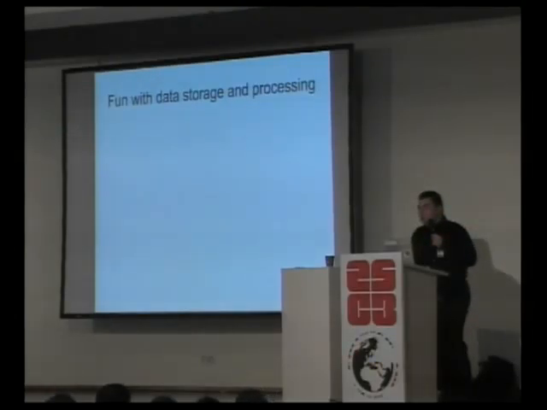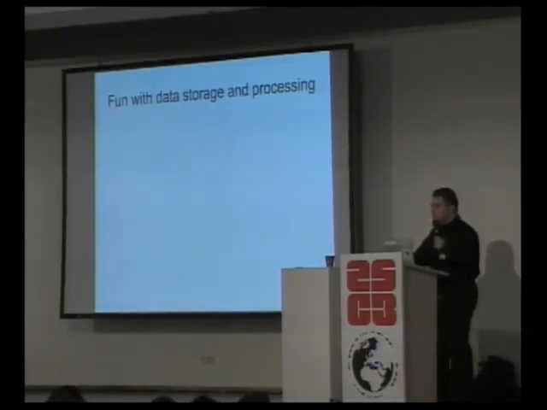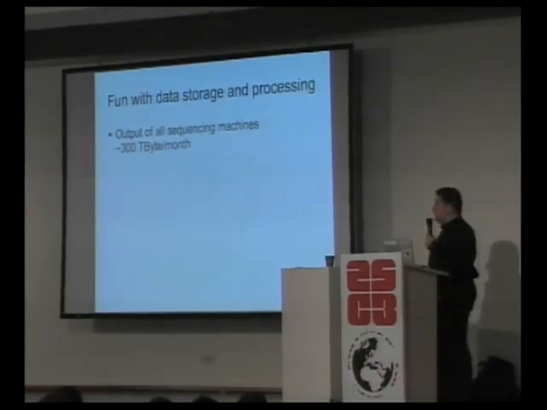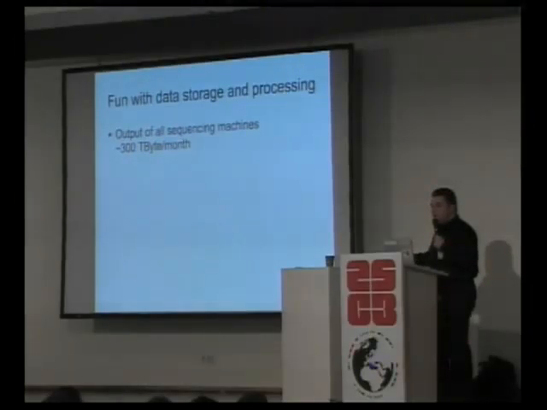Of course, I want to mention the other technology we use. Sequencing machines put out lots of data, and it's really lots, and it's getting more. As I said, they get more data from the machines, so it means more data is coming onto the servers.